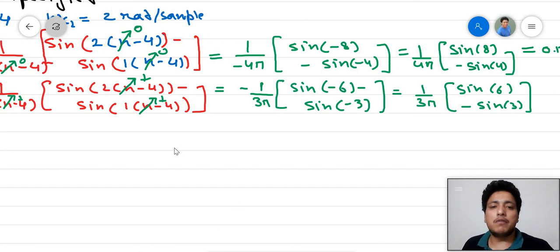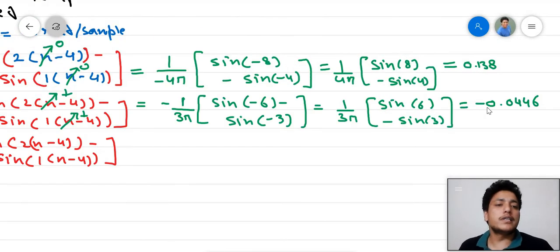If we solve, the result is minus 0.0446.